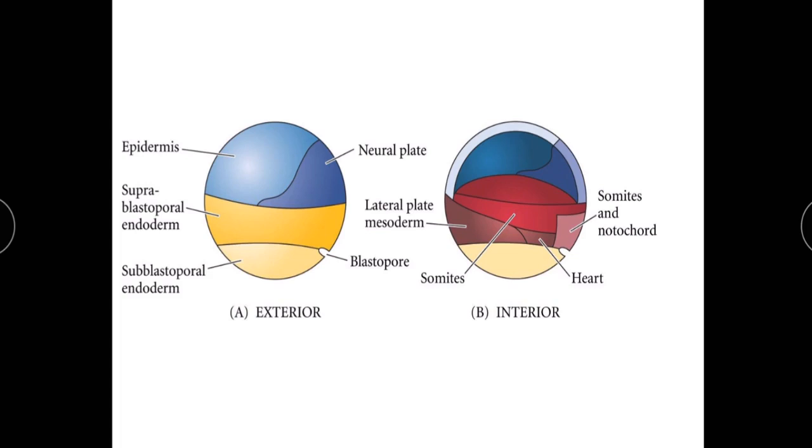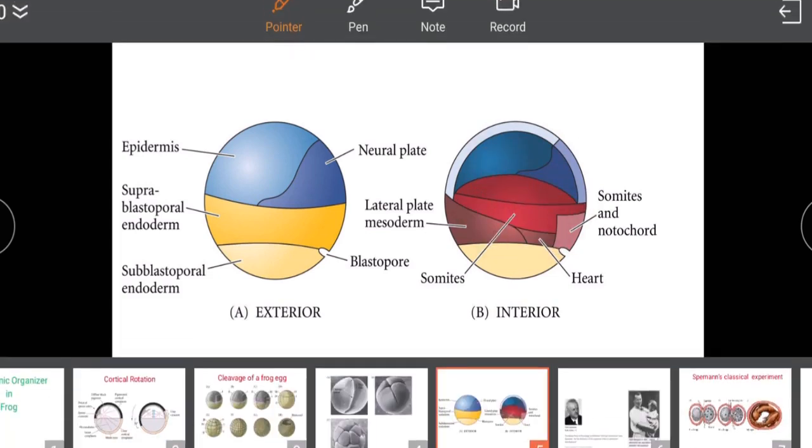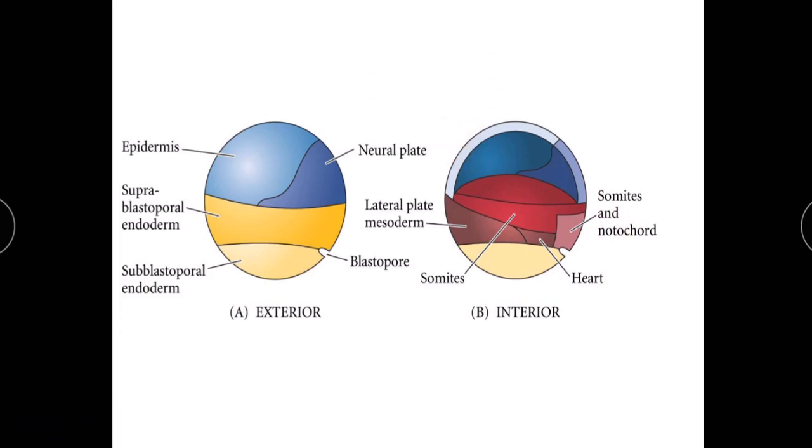It means that the type of cells present here will define how the axis is going to be formed, and the development is not dependent on any other factor. But in contrast to this, amphibian axis formation is an example of regulative development.